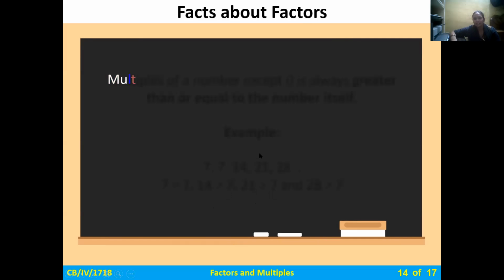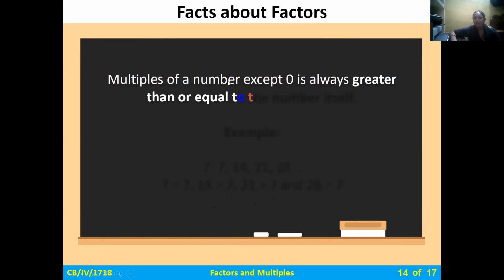Now the next fact is multiples of a number except 0 are always greater than or equal to the number itself. See, for example, if I ask you to find the multiples of 7, you start reading the table of 7.